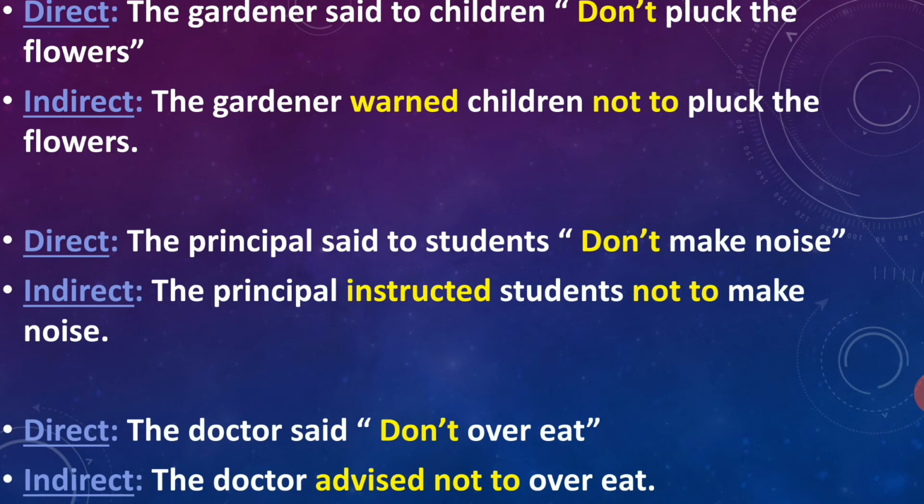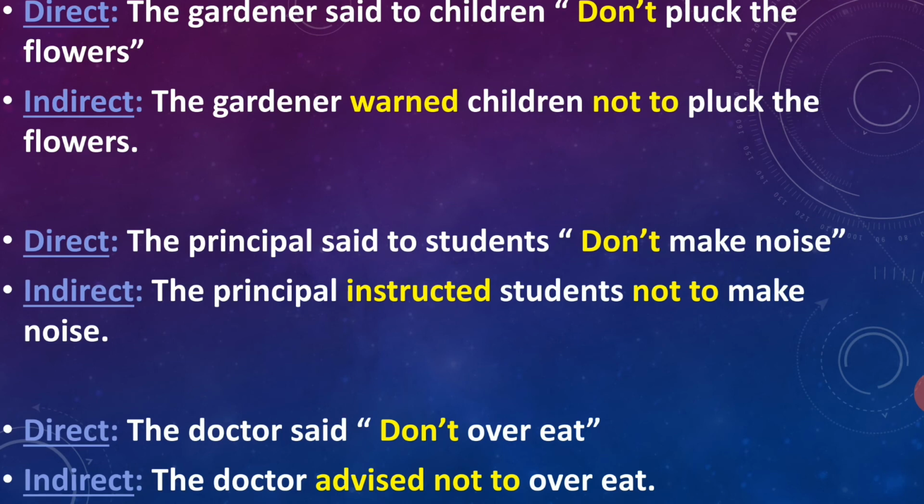The second sentence, the principal said to students, don't make noise. So it is an instruction. The principal is giving an instruction to the students that they must not make noise. So you have to write it as, the principal instructed students not to make noise. The third one is, the doctor said, don't overeat.